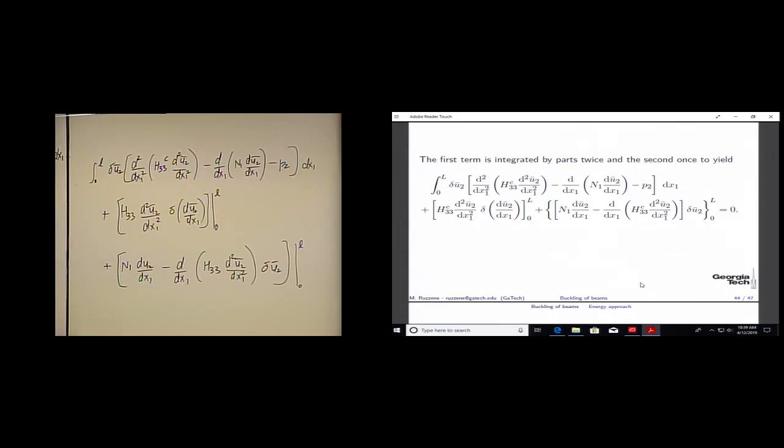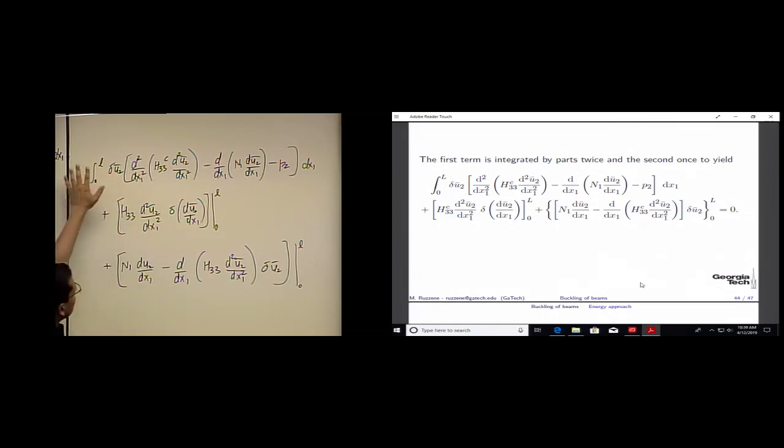So when you do integration by parts, you will get two terms. One is present here and the second is present here. Okay. So now let's look at this equation. Delta u2 is an arbitrary quantity. Okay.